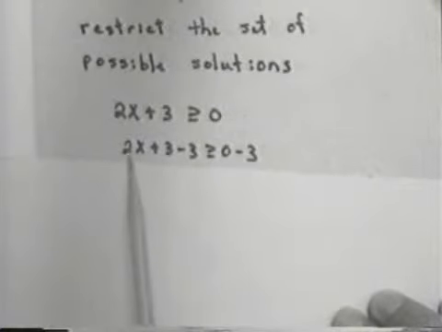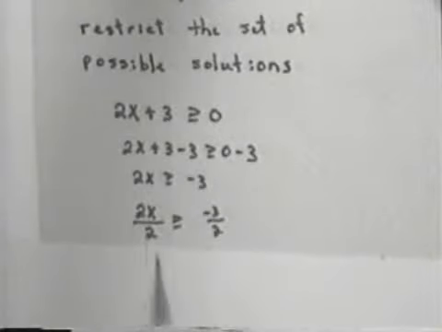In fact, we must restrict the set of possible solutions to 2x plus 3 is positive or 0. So notice the radicand is 2x plus 3, so I would have to restrict my solutions to 2x plus 3 is greater than or equal to 0. Well, if 2x plus 3 is greater than or equal to 0, then I can subtract 3 from both sides to get 2x is greater than or equal to negative 3.